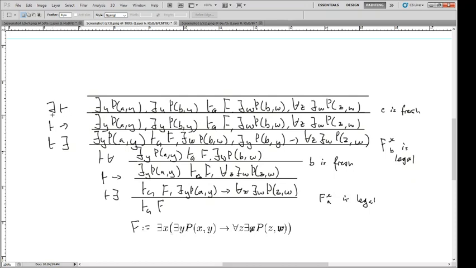So what we've done is we've applied this rule here to this part here, which means that we have substituted y for c, where c is fresh. So this here will instead be p b c. So substituted y for c here. Now we just need to put in c for w here.